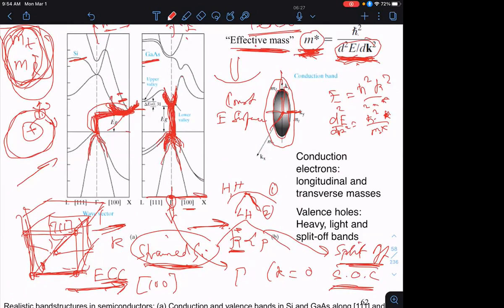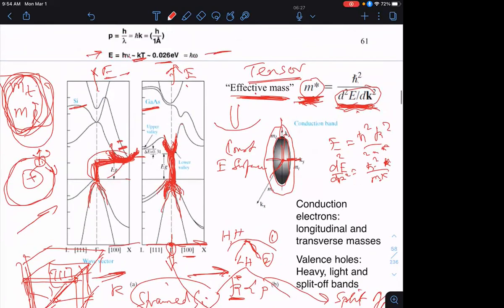And we pointed out at that point that in different directions, for different k values, you can have different E-k shapes. As a result, you end up getting different masses along the x-axis, y-axis, and z-axis. So you get an mx, my, mz, depending on the curvatures along the x-axis, y-axis, z-axis in a crystal.